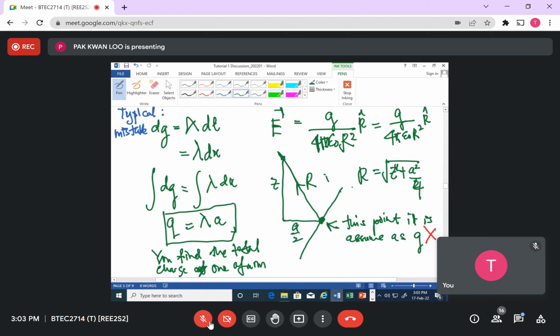So you shouldn't find the total charge of the entire line and then assume that the total charge is concentrated at this point here, which is wrong, right? Because the total charge is distributed uniformly along the line.